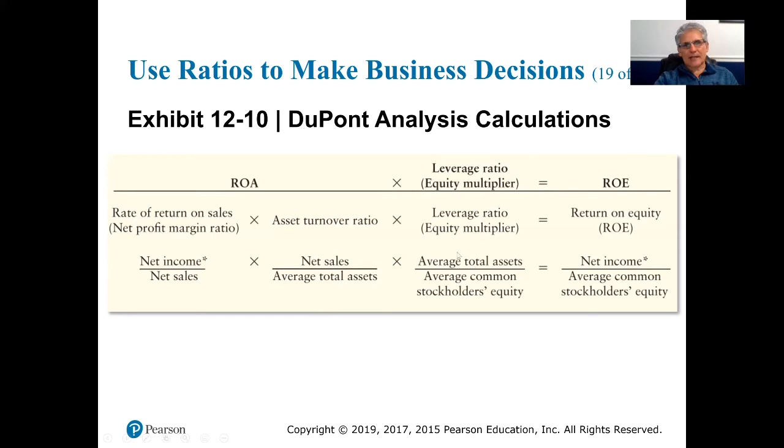Average total assets and average total assets will cancel out as well. And what we're left with is net income divided by average common stockholders' equity. And that's exactly how we determine ROE. So let's take each one of these independently and compute them.